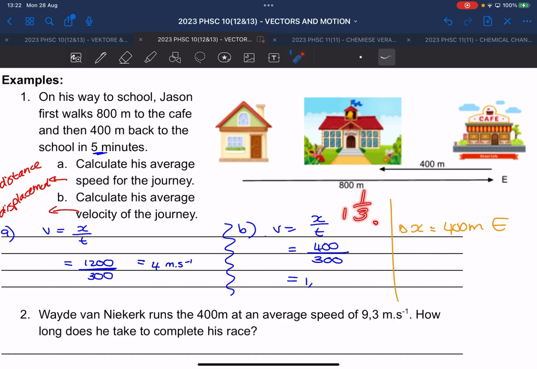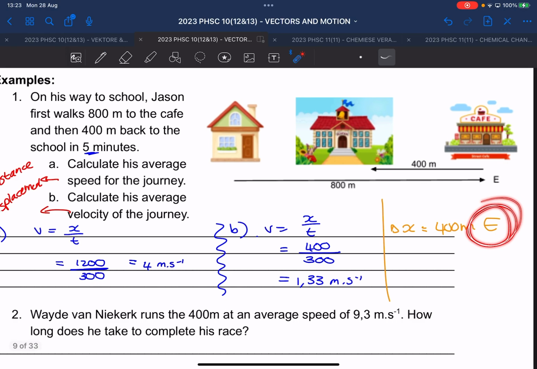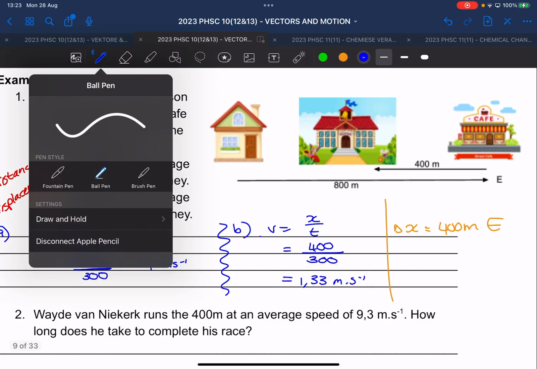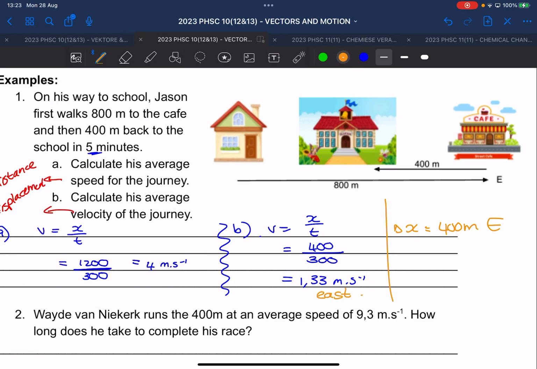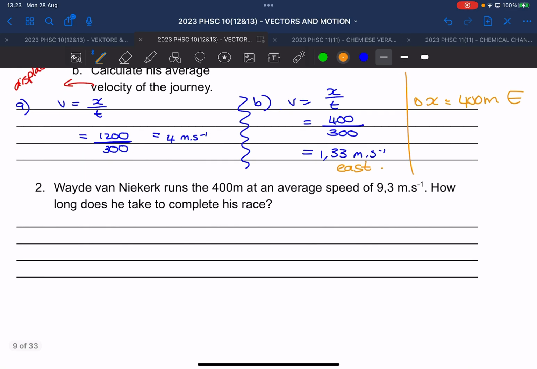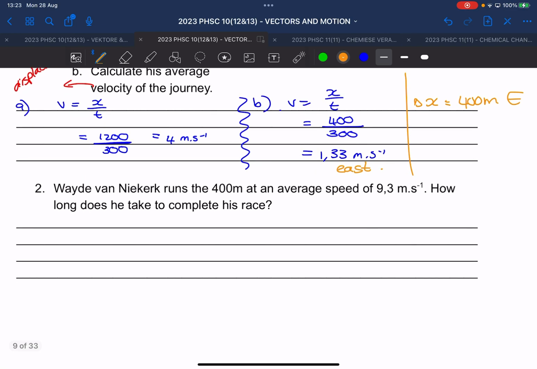So how do you say that in decimals? 0.33333. Okay, and since this is east, this direction will also be east. In writing this answer, can we just say a capital E. Yeah.